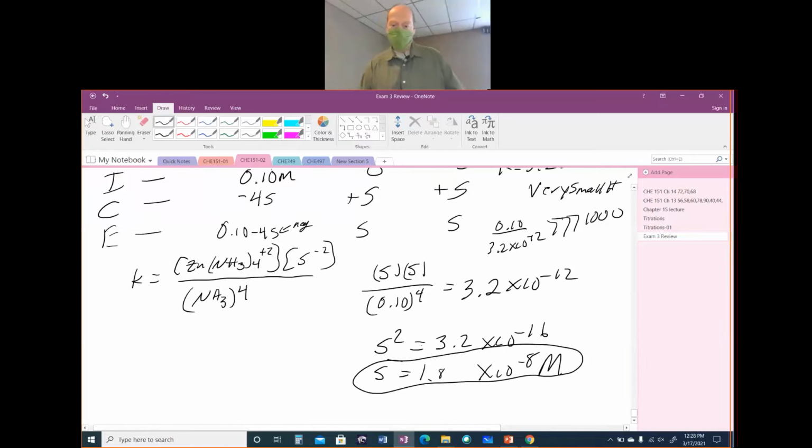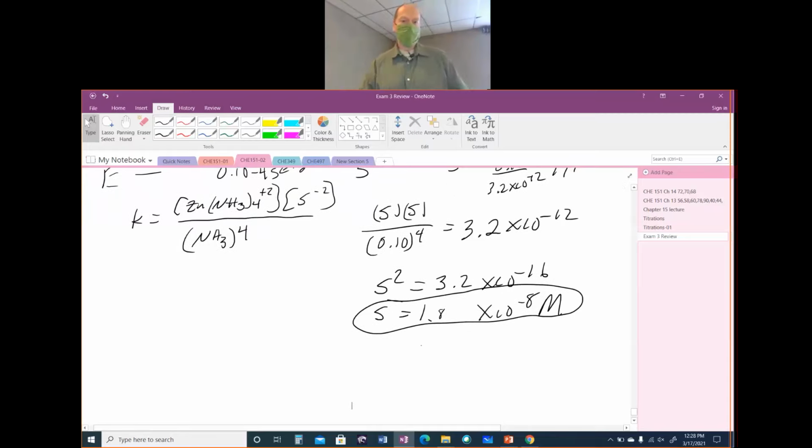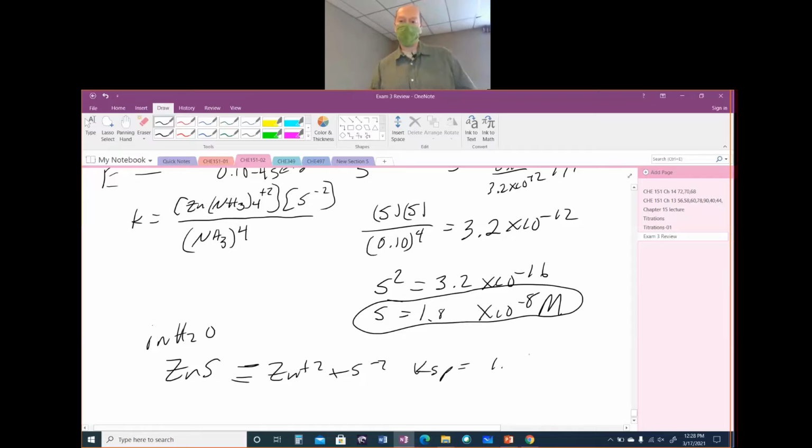All right, let's compare that to the solubility in water. All right, so let's do in water. So now you have your zinc sulfide going to zinc plus 2 and S minus 2 with the KSP of 1.1 times 10 to the minus 21.